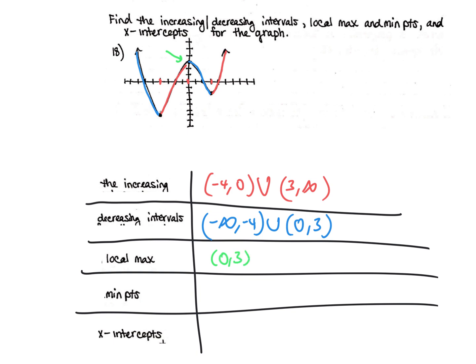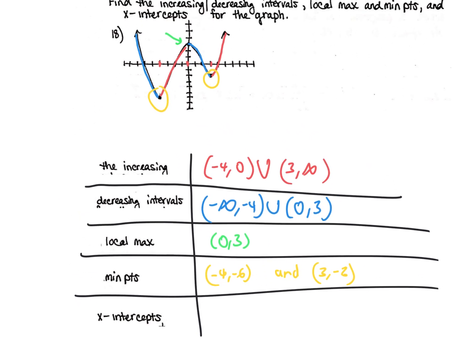Local min would be the yellow guys, and that is -4, comma, what is that? 1, 2, 3, 4, 5, 6. I guess that's -6. So (-4, -6). But also this one, 2, 3, and then it goes down 1 and 2. So that would be (3, -2).